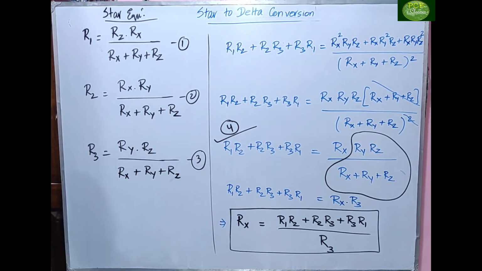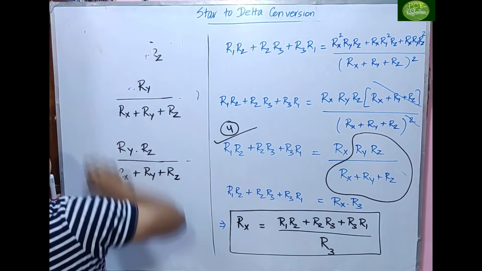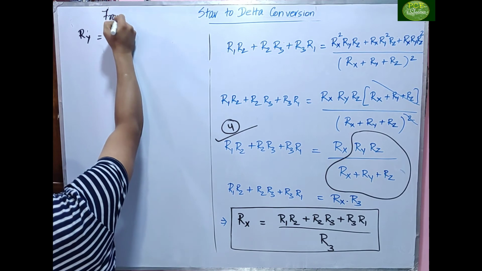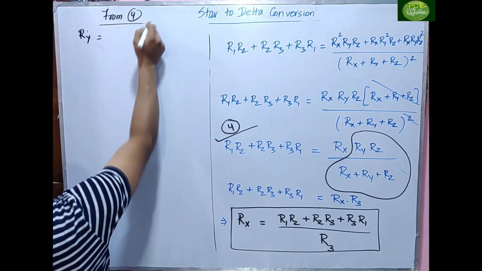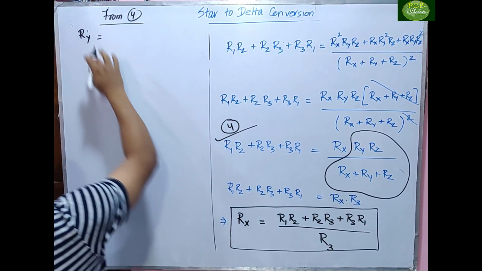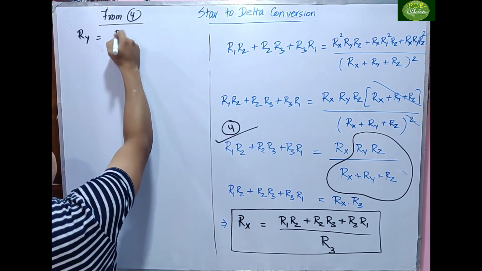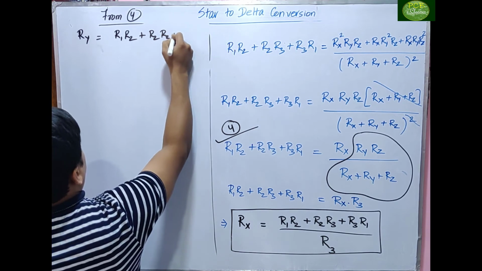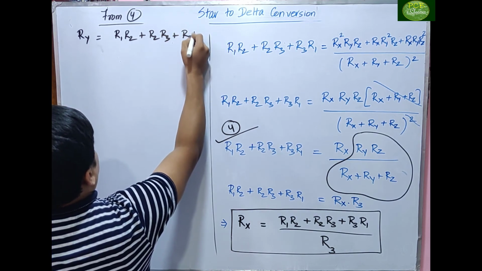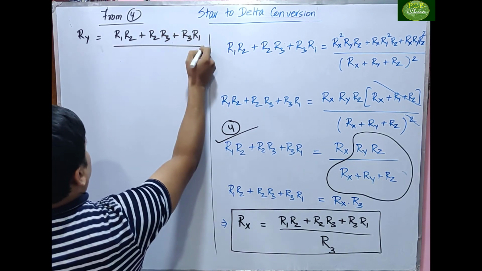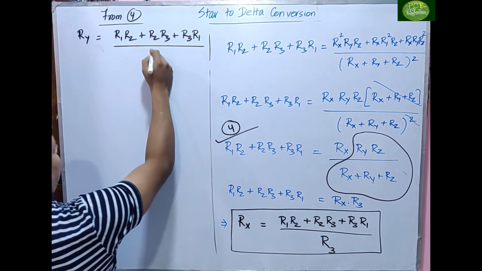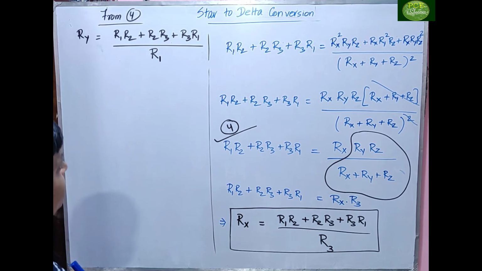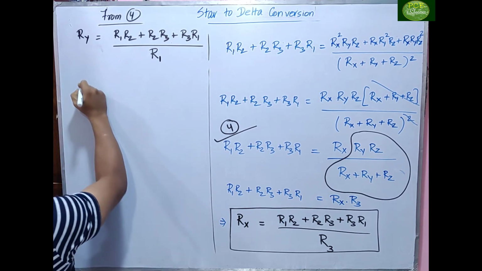Similarly, Ry will be equals to R1 R2 plus R2 R3 plus R3 R1 divided by R1.